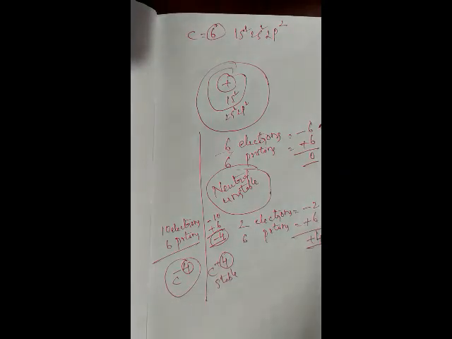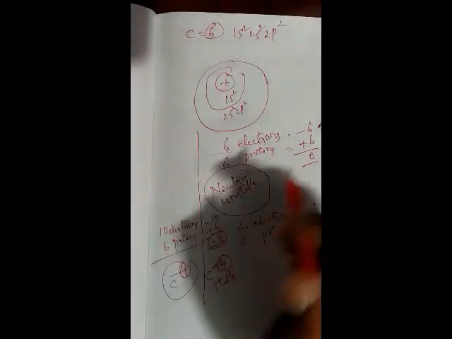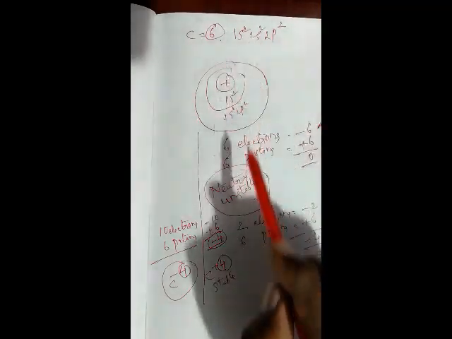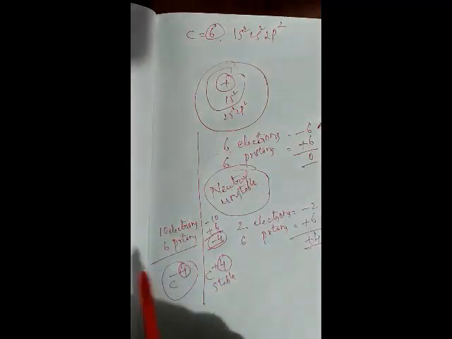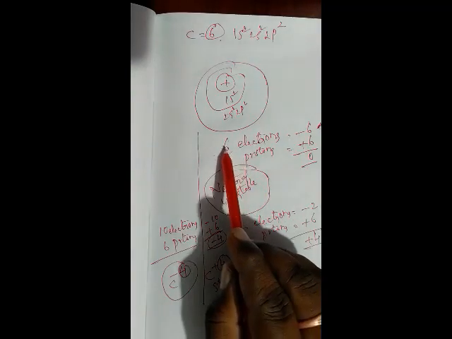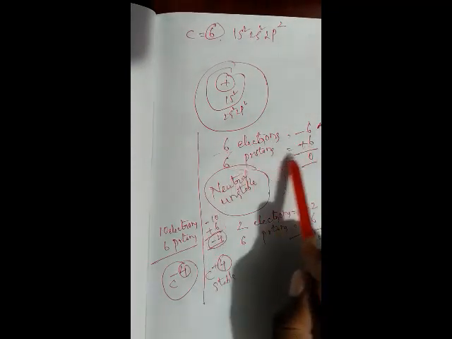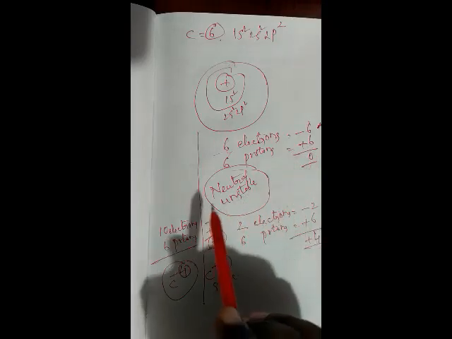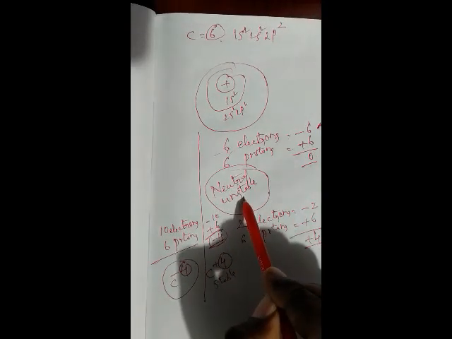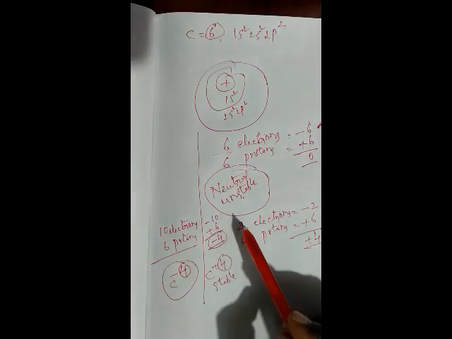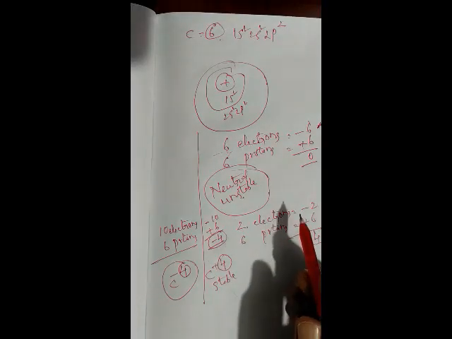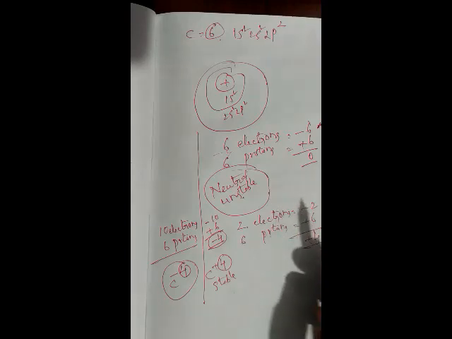I will tell one more example. See here, carbon atomic number is 6, electronic configuration 1s2 2s2 2p2. It contains 6 electrons, so minus 6, and 6 protons, plus 6, so minus 6 plus 6 total 0. 0 indicates neutral, and all neutral atoms are unstable. They want to convert into stable. So for converting into stable, some atoms lose electrons, some atoms gain electrons.